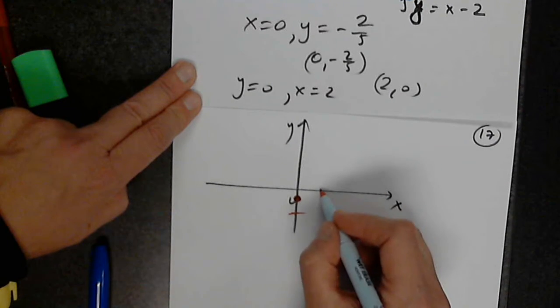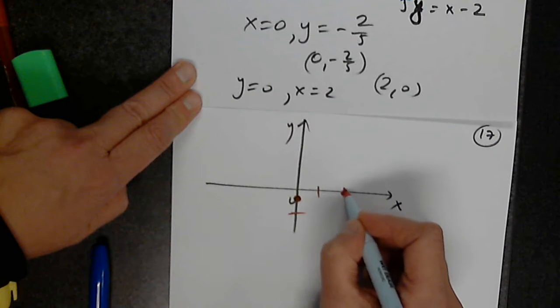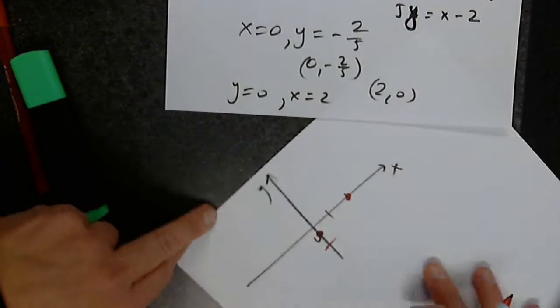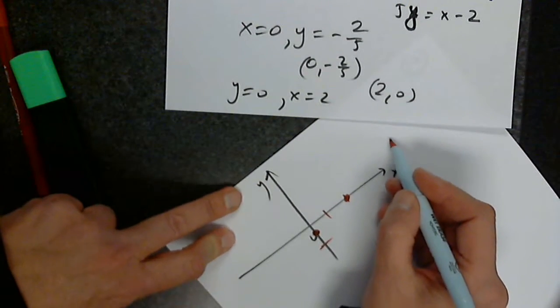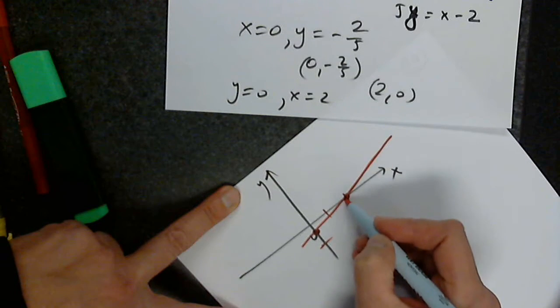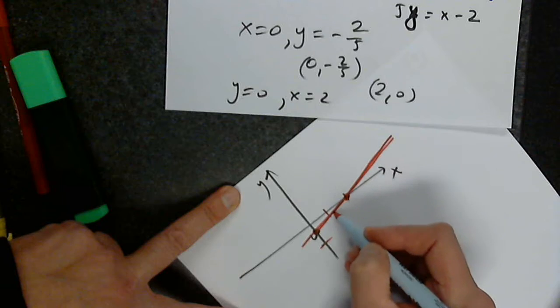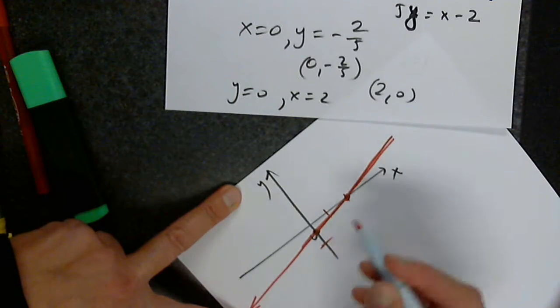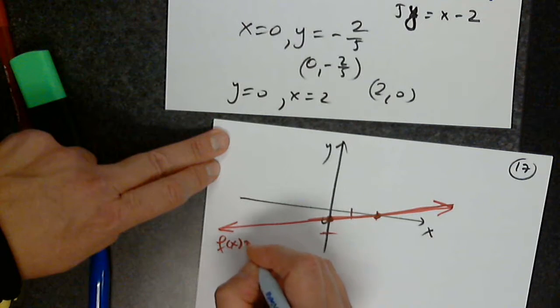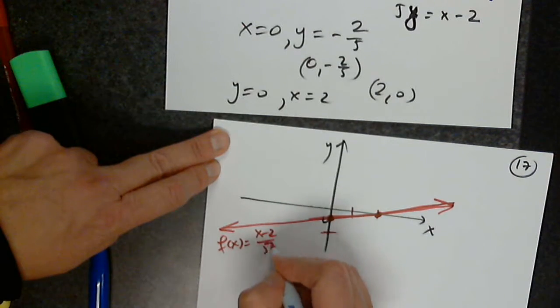And then 2, 0. And here's the line, correct? Okay. I'm going to connect and extend the line. And this is the function f of x equals x minus 2 over 5.